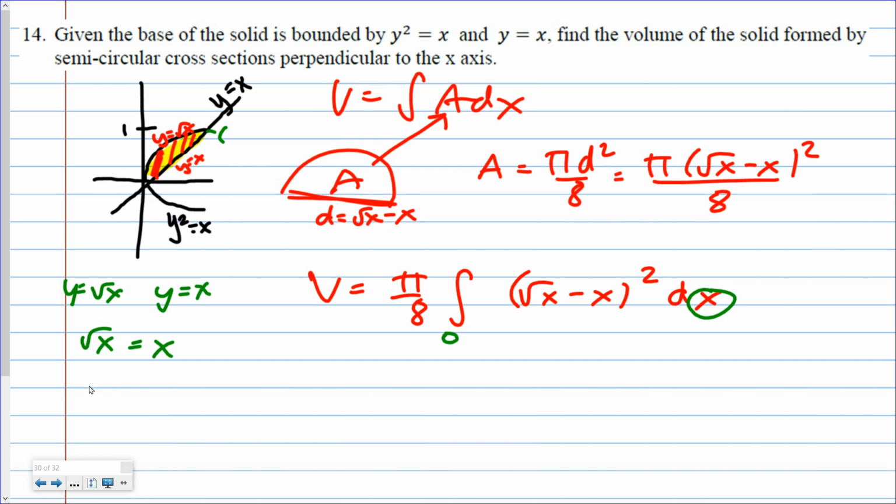Is that right? Y equals square root of x. Yeah. So let me just square both sides. That's x equals x squared. So that means 0 equals x squared minus x. I need to factor it somehow. So x times x minus 1. So x is equal to 0 or x is equal to 1. So this must be 0 something, and this one must be 1 something.